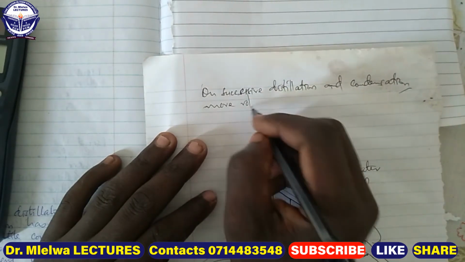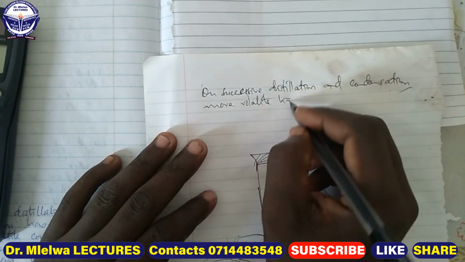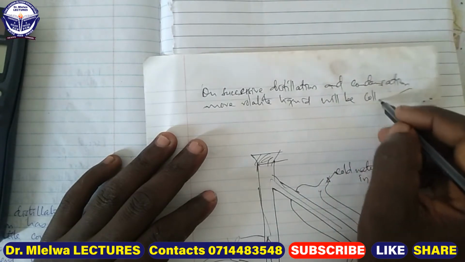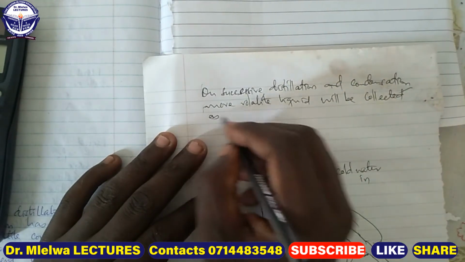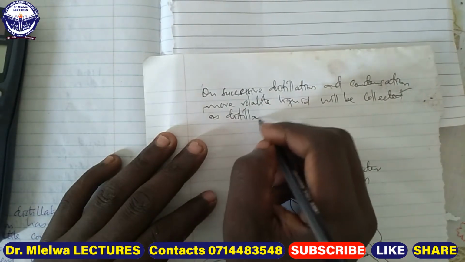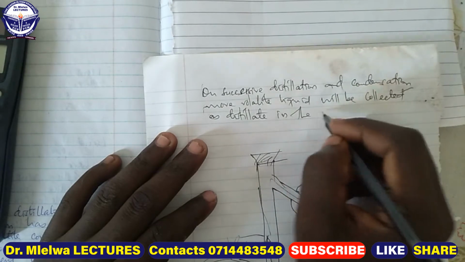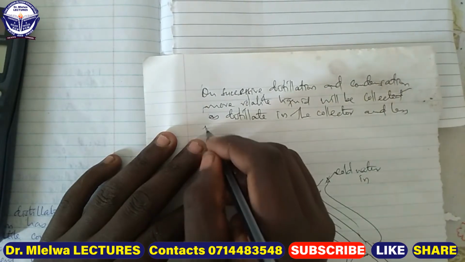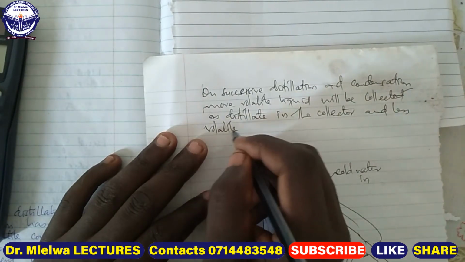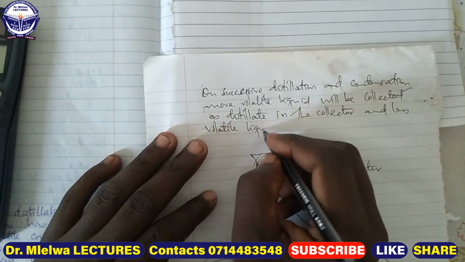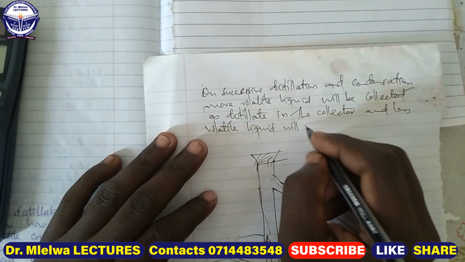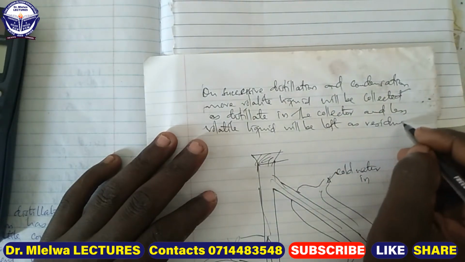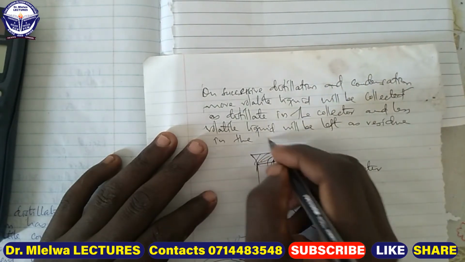More volatile liquid will be collected as a distillate in the collector, and less volatile liquid will be left as a residue in the distillation flask.